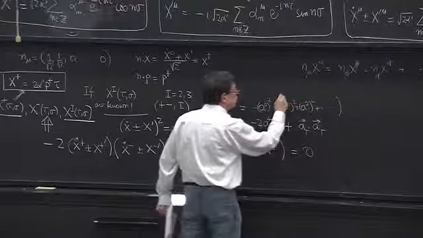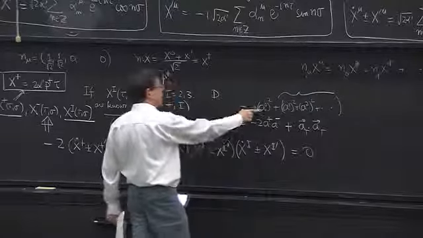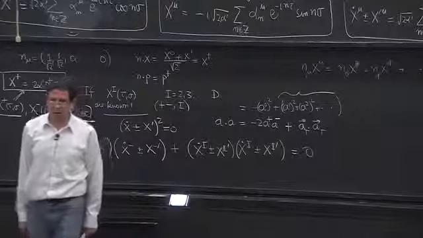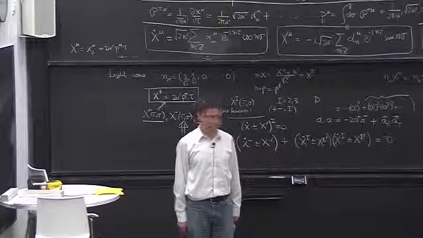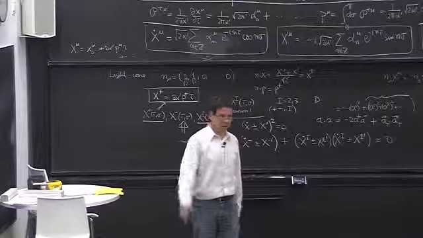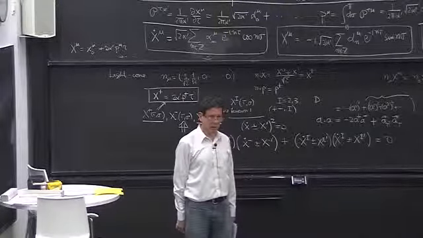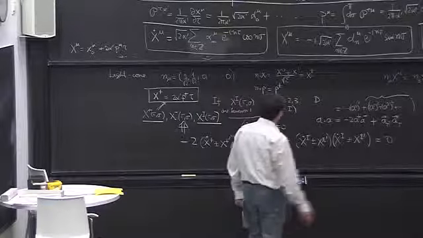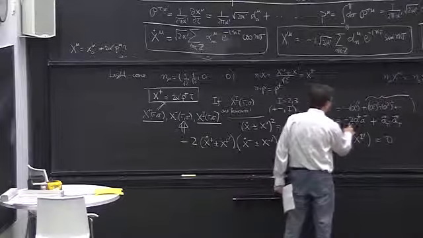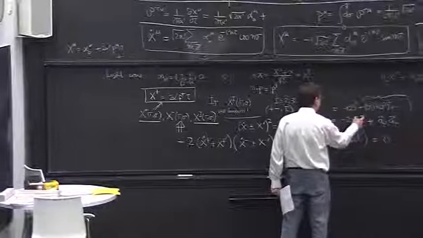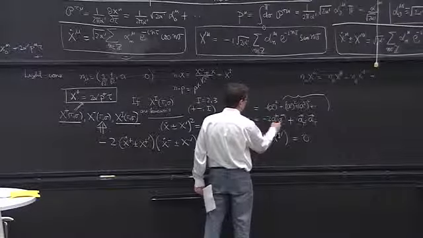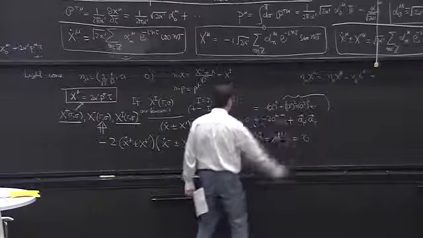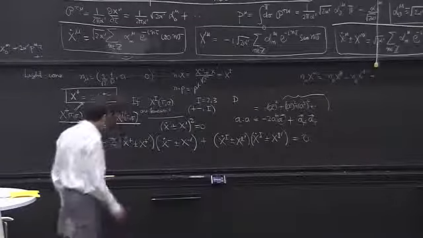Now suppose you knew this and you wanted to find a0, you would have to take a square root. And square root and quantization are not friends. It's complicated. On the other hand, here is a product of different things. So if you want to solve for a minus, you just get this and no square root. And that's what's going to happen here.